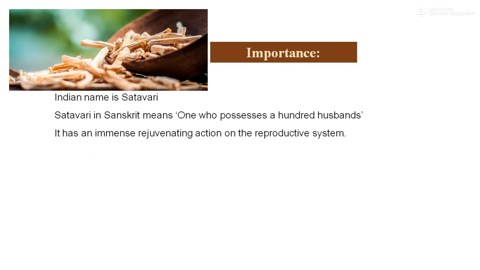It has an immense rejuvenating action on the reproductive system. Shatavari strengthens the woman to a point where she is capable of producing thousands of healthy ova, and that's why, as we already said, in Sanskrit it is known as the one who possesses 100 husbands.